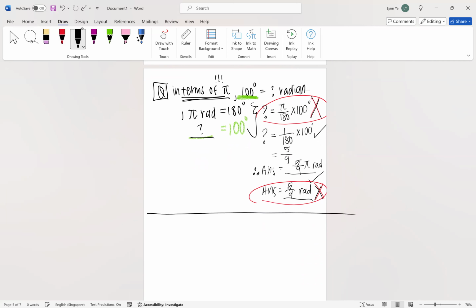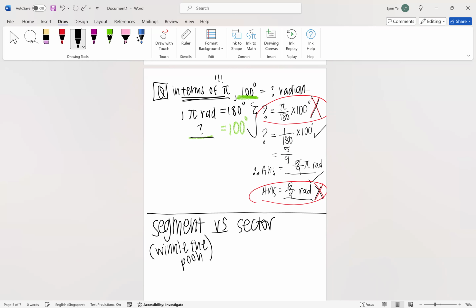Okay, so the next one I want to teach you is the difference between a segment versus a sector. A segment, you can treat it as Winnie the Pooh. Do you all know Winnie the Pooh?